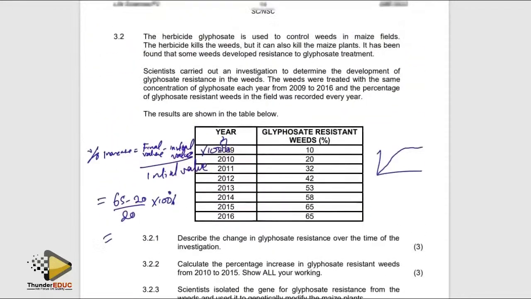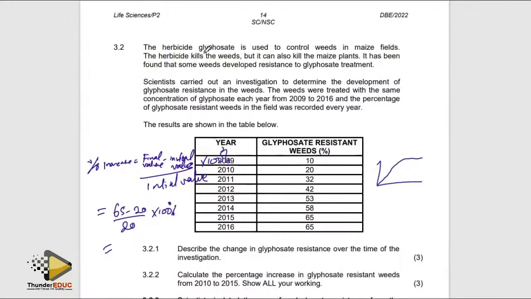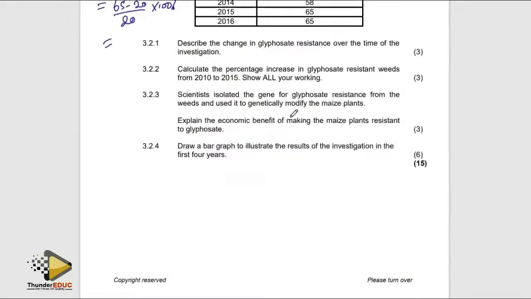Now look, glyphosate is a herbicide which kills plants. Maize is also a plant, and we use it to control weed in the maize fields. So we have to make sure that this glyphosate cannot kill the maize. So the reason they make this maize resistant to the glyphosate is so that when you apply the glyphosate, it cannot kill the maize plant. That is the idea behind it.